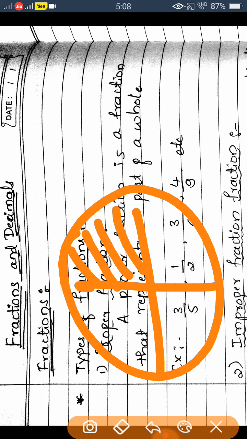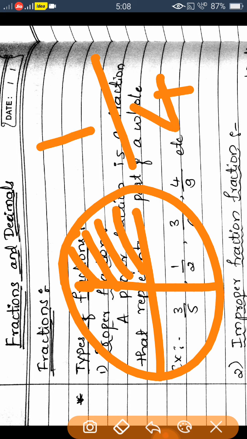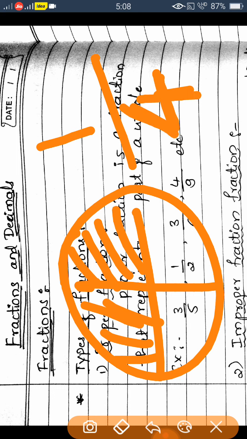So the whole we have divided into four parts, and in that, one I have chosen. This is how the fraction indicates. If you choose two parts, in a total whole of four parts, two pieces I have chosen. This also indicates a fraction.